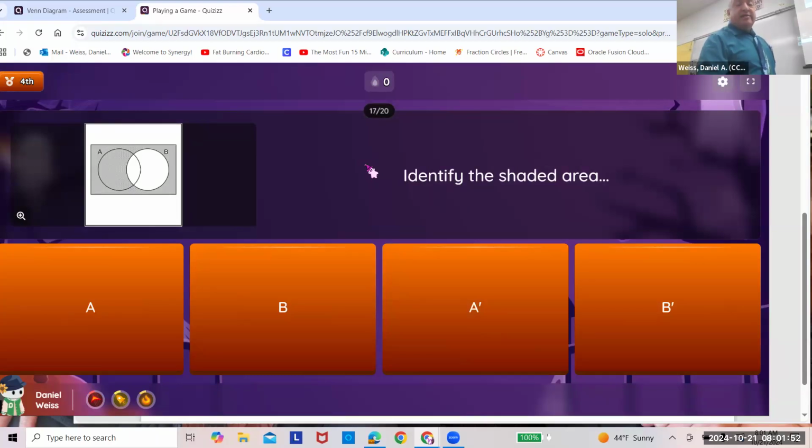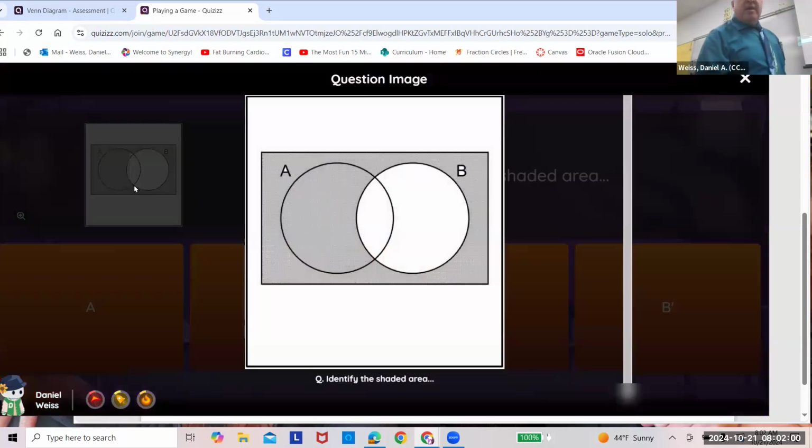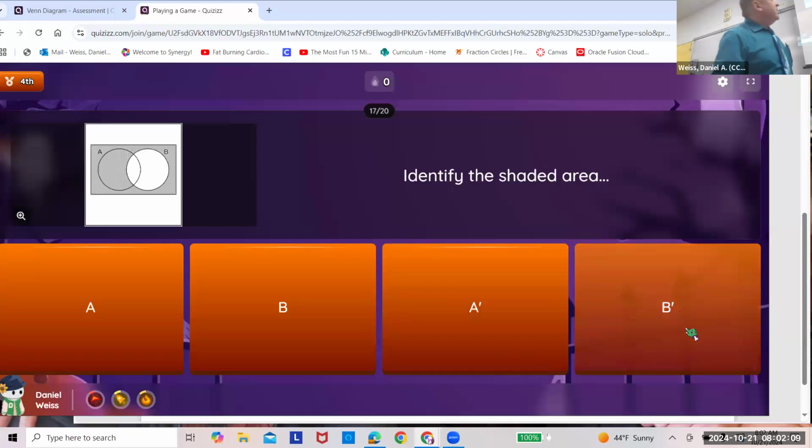The shaded area is going to be, okay, so here's another thing you'll see. This is not B, okay? Everything that's not B. So what you will find, you see this little guy here, this is B prime.